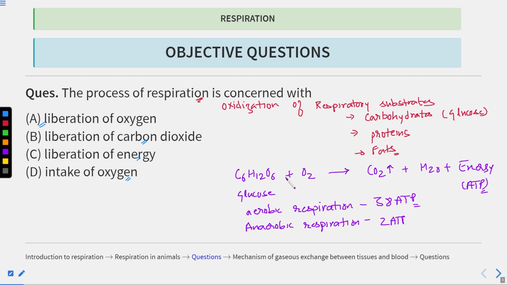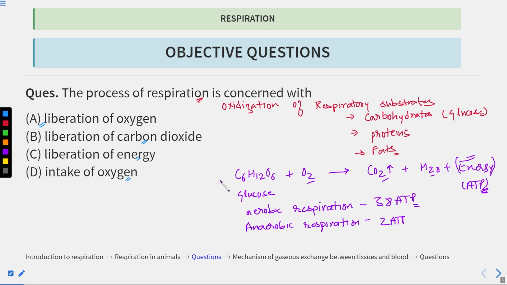Glucose is oxidized to form carbon dioxide and water, but mainly respiration is involved in the liberation of energy, and this energy is released in the form of ATP, which is used for various metabolic processes that are vital for the living organism.